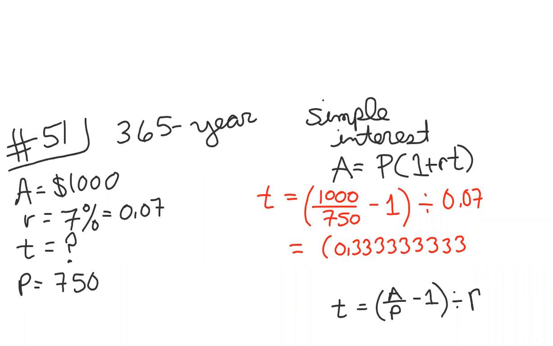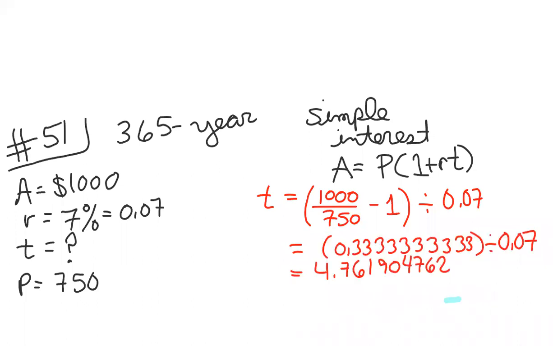Divide by 0.07. So I left it alone in the calculator, and now I'm dividing by 0.07, which gives me a value of 4.7619 04762, which is 4 years, right?